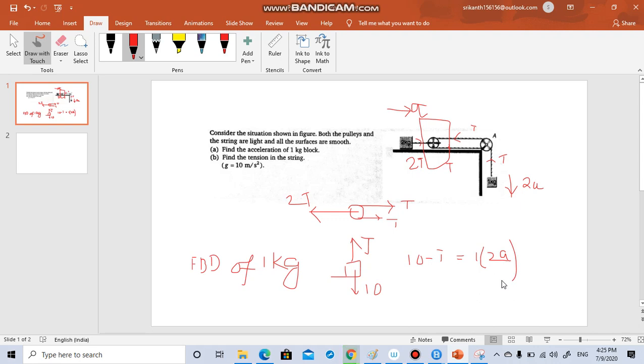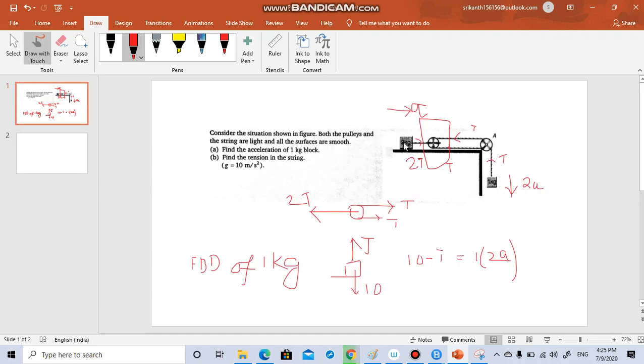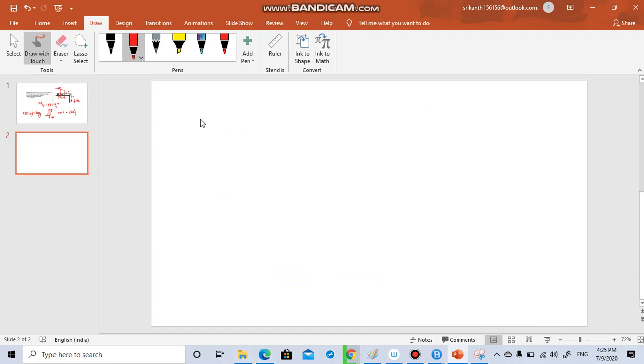So this is one equation, and if you take this particular block, the situation is like this. You have a 2 kg and there is a 2T tension is there, so 2T will be equal to mass into acceleration. So here you are getting A is equal to T.